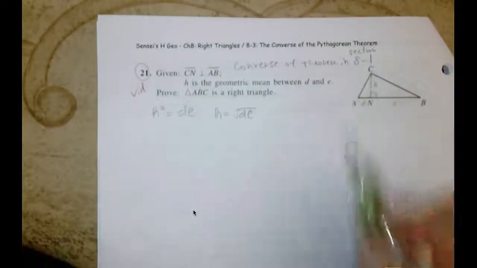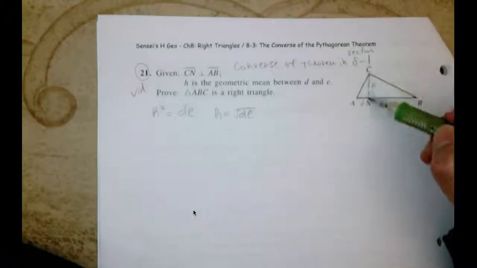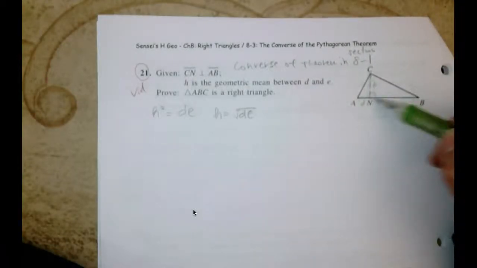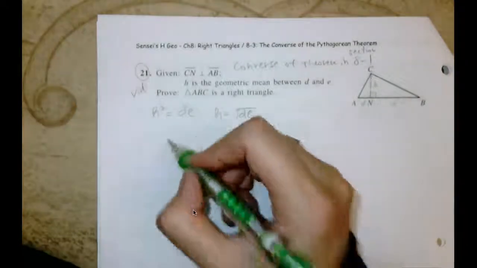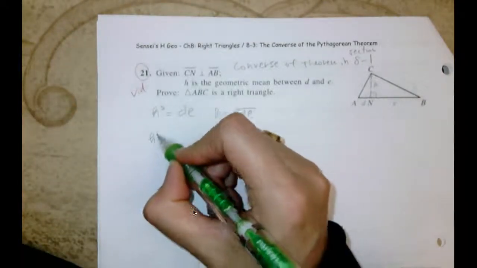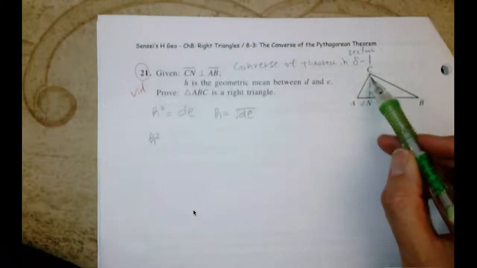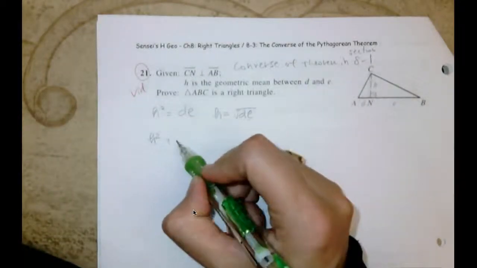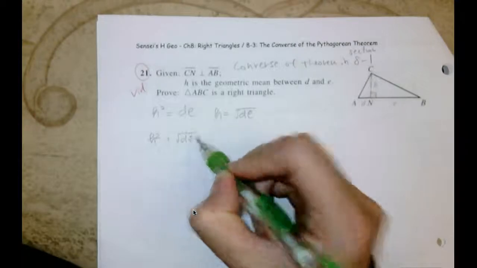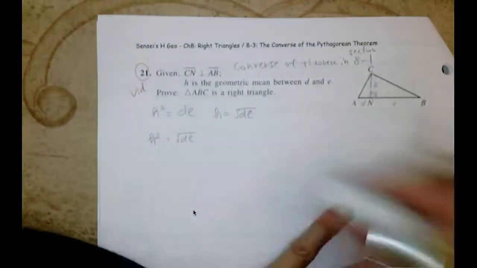Again, I'm taking the square root of both sides and only taking the positive one because it's a length. So if you look at this triangle right here, the C and B, the h square, and we know this is a right triangle because it's the altitude, right? So h square equals DE.